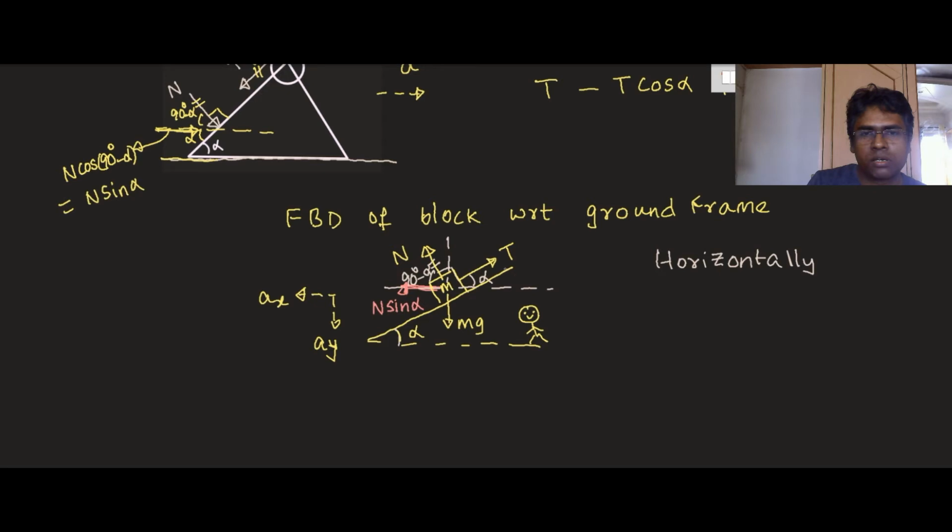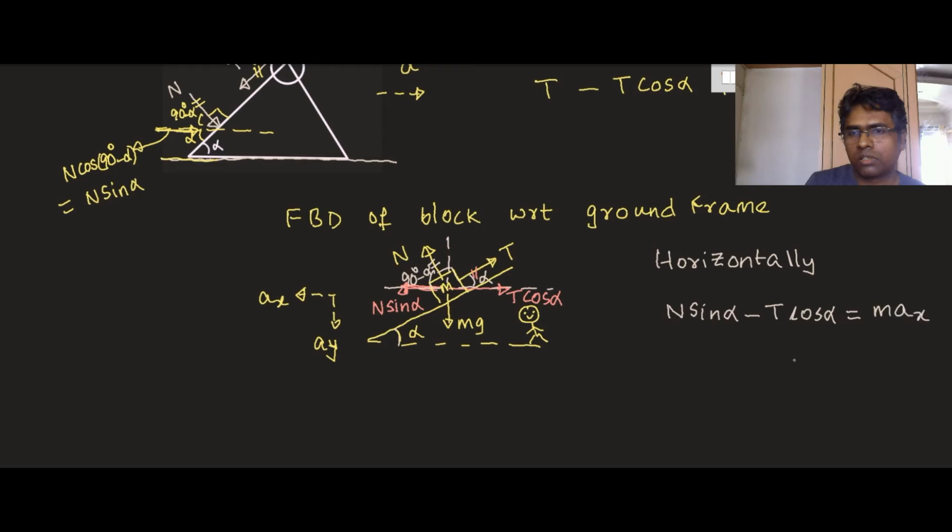And if I resolve the tension along the horizontal line, I'll get T cos alpha. So what do I have here? I have N sine alpha minus T cos alpha, which is equal to mass into acceleration. So we have applied Newton's second law along the horizontal line.